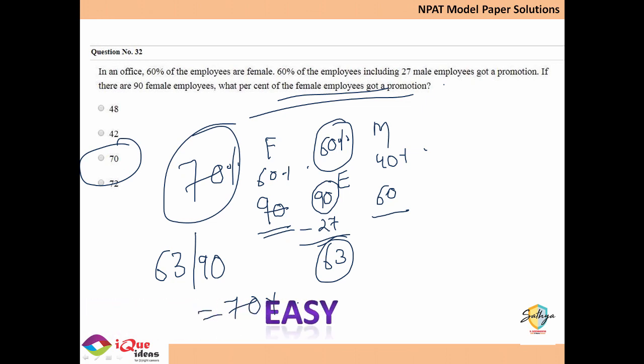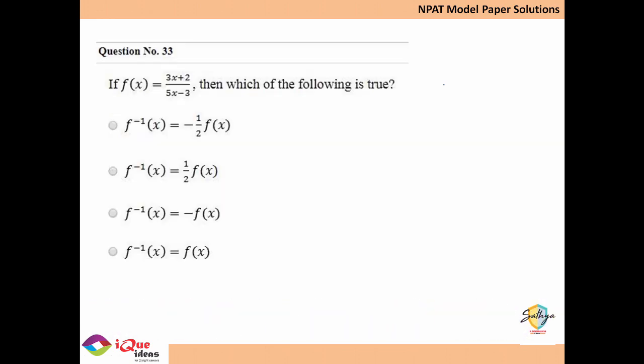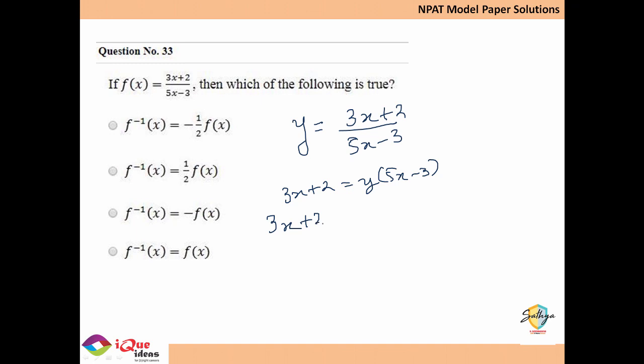Sure. Moving ahead, the next example. If f of x is (3x + 2)/(5x - 3), then I have to find what f inverse is, right? So f of x is y. Let us say y is equal to (3x + 2)/(5x - 3). So cross multiplying, 3x + 2 is equal to y times (5x - 3). Expanding this, 3x + 2 is equal to 5xy minus 3y.